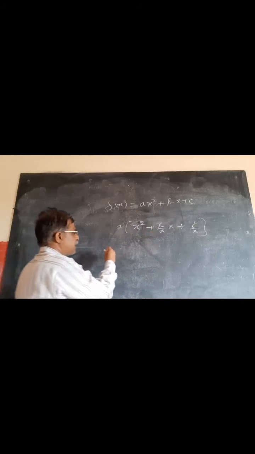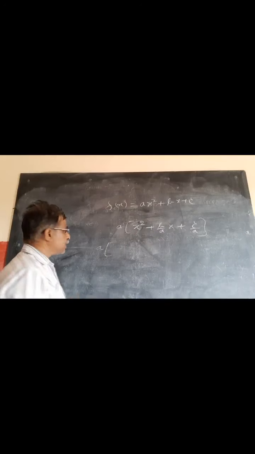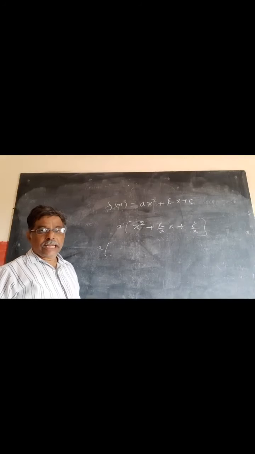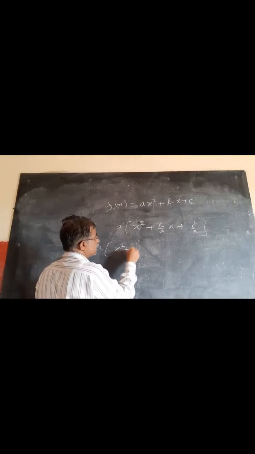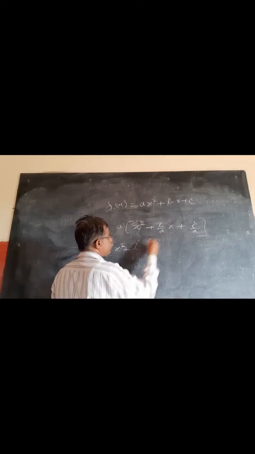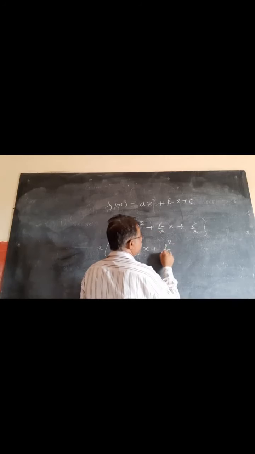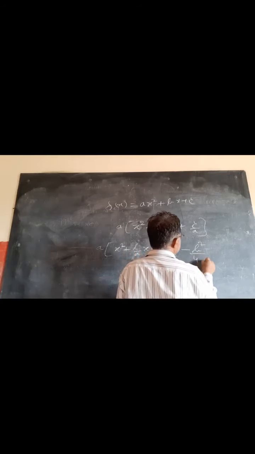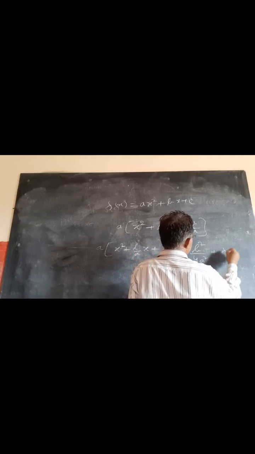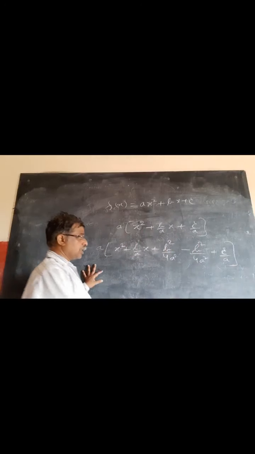Now completing the square, as usual, we will proceed the same way. So now f of x equals a into x square plus b by a x, adding b by 2a whole square, meaning b square by 4a square, and subtracting b square by 4a square. You know how to go for completing the square from your 10th class itself, and yesterday also we discussed it.